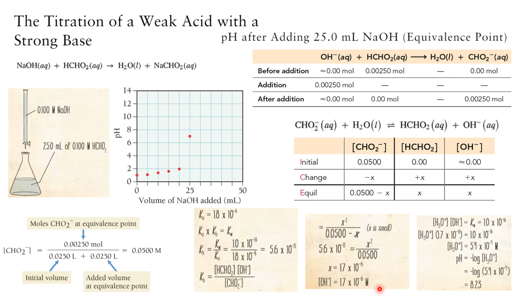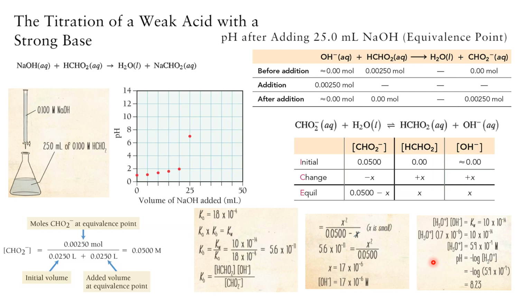There it is. And now you can solve for your pH, right? You can either get the pOH and then solve for pH, or you can do what I have on the right over here, which is use the Kw expression, solve for H3O, and then take the negative log of that H3O concentration. You should get 8.23. Okay? So check this out. The equivalence point is not 7, right? We just said that the equivalence point for a strong acid, strong base is always 7.